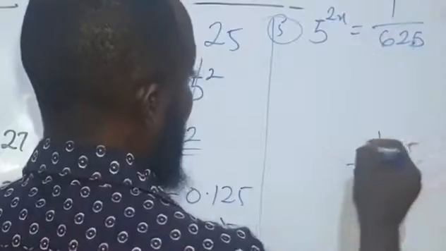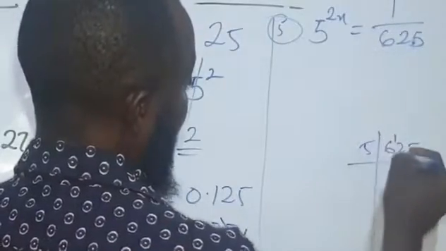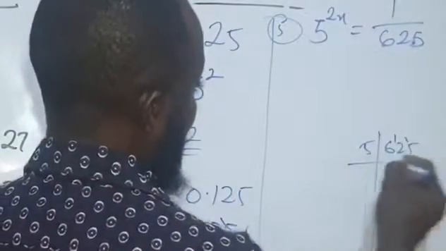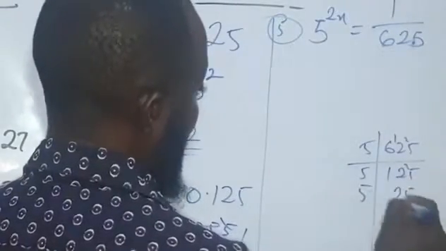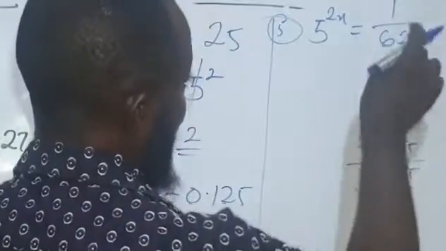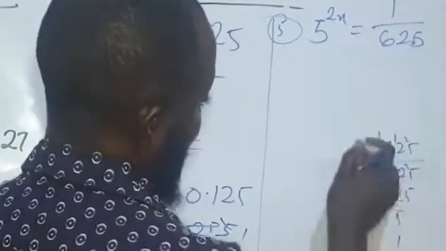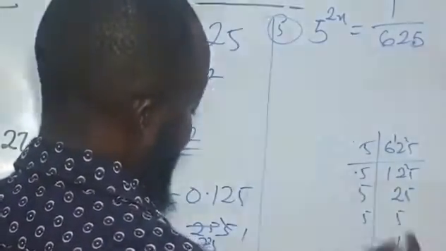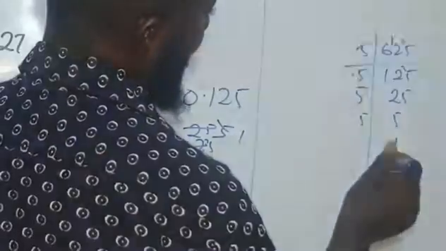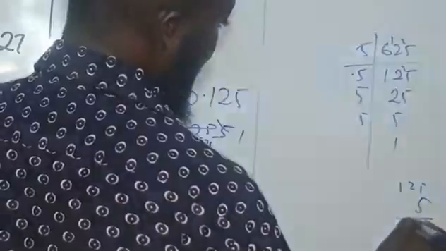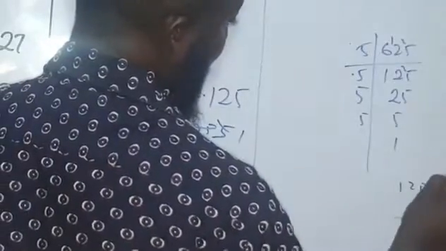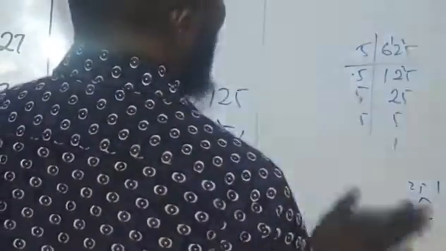That is 625. 5 can go, 5 can still go, 5 can go, 5 can go. This one means 5 raised by 4. 5 times 5, 25. 25 times 5, 125. 125 times 5, 625. So 5 raised by 4.